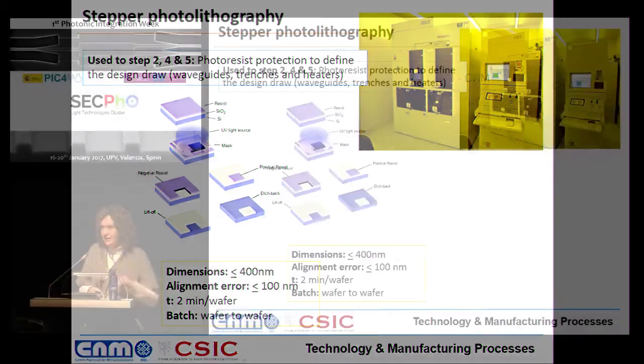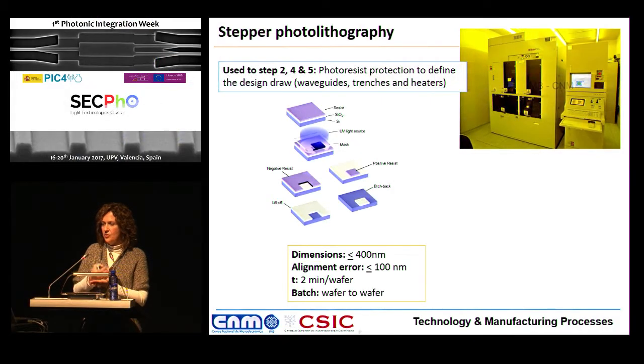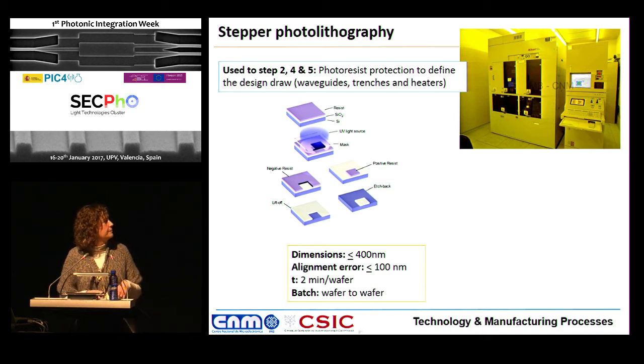through a mask, which has the designed drawing, and the light that passes through reacts with the photoresist and changes its composition. Then we remove the part of the resist that has been chemically changed.